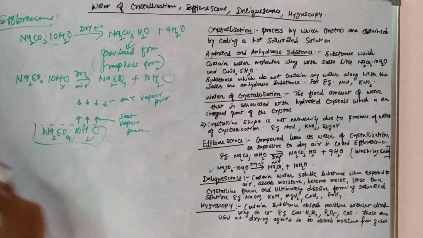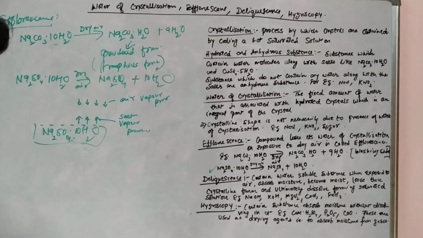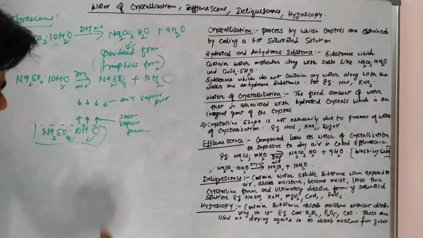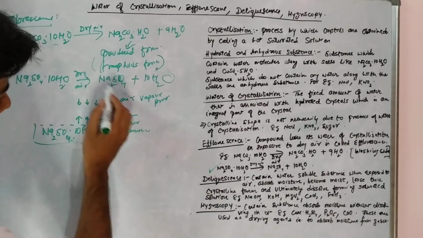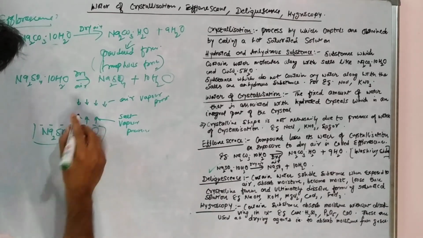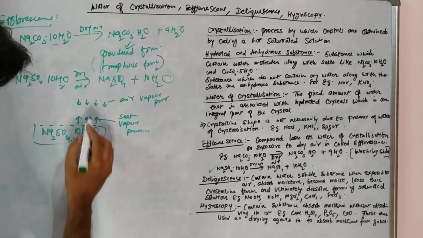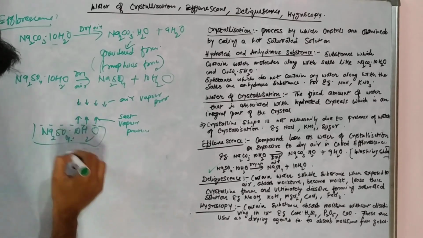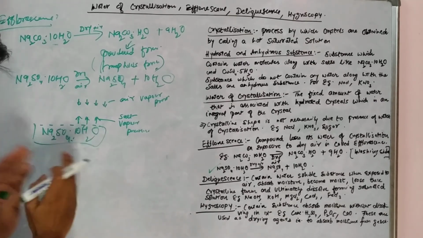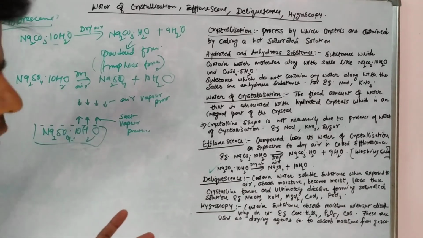And this phenomenon of efflorescence, that is losing these water molecules, will occur only when the vapor pressure in air is less, right? When the vapor pressure that is exerted on this salt is less compared to the vapor pressure of this salt, then only it will lose its water molecules, right?